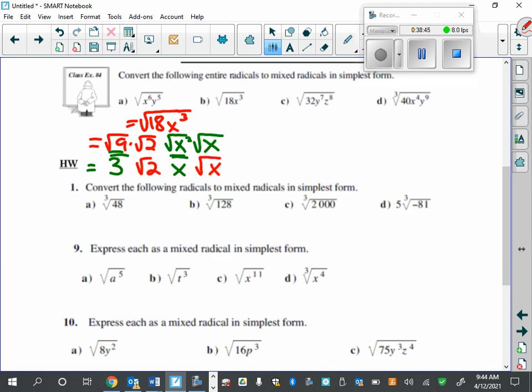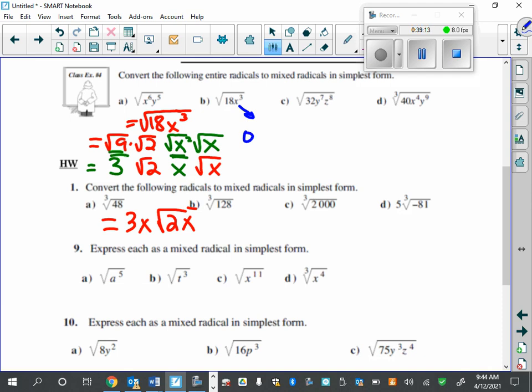And now, put the numbers together and the radicals together. So, grand finale for this one, you would put the 3 and the x together, and the radical 2 and the radical x would all go under one radical sign. Okay, you would separate it like that. I wouldn't do it like that, but I think it's probably easier if you do it like that.